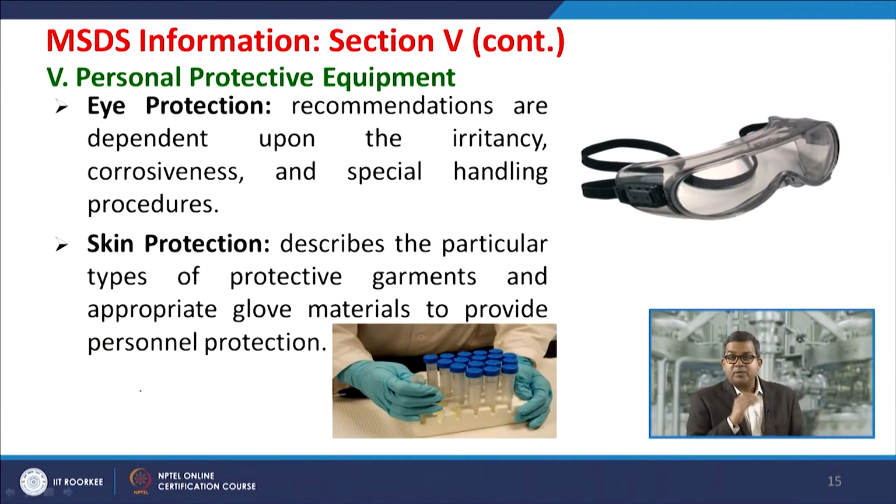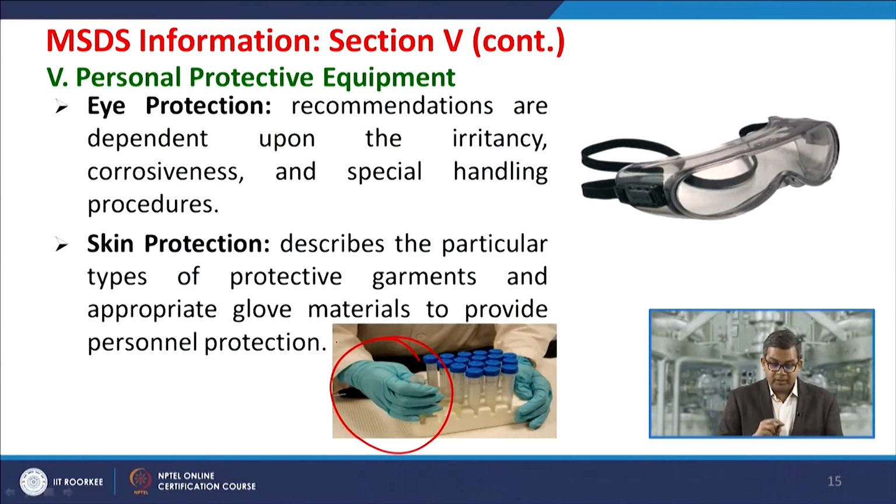So if skin becomes dry, then you must adopt certain skin protections. So this describes the particular type of protective garments and appropriate glove material to provide personal protection. Now remember, whenever you adopt gloves etc., they should not be reactive with your skin. The only thing is that they need to provide a barrier between the toxic substance and yourself.